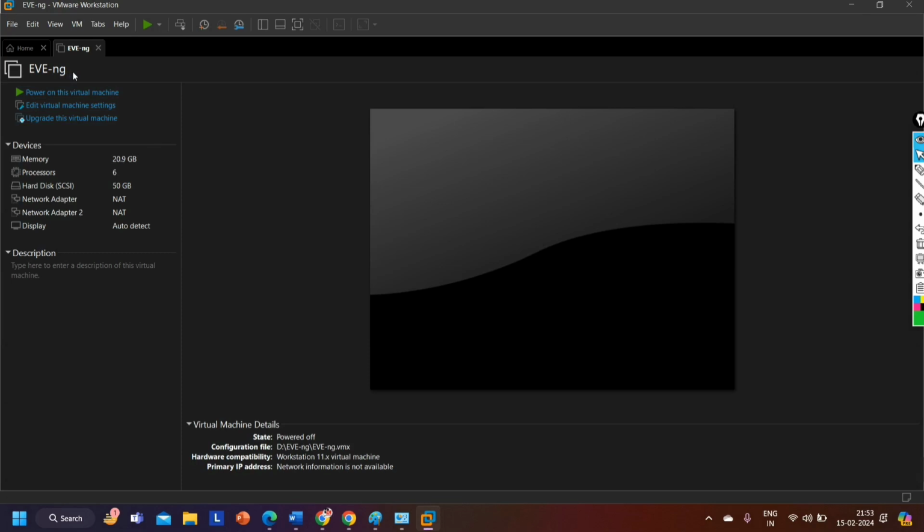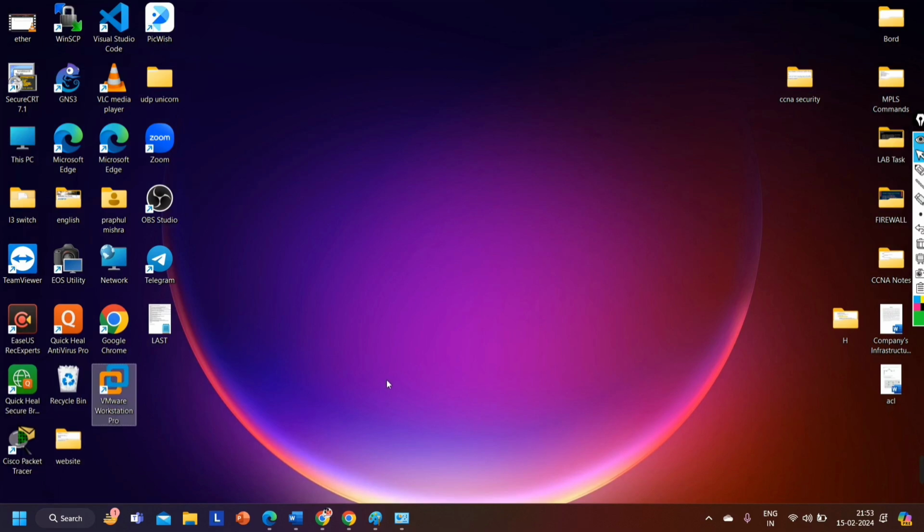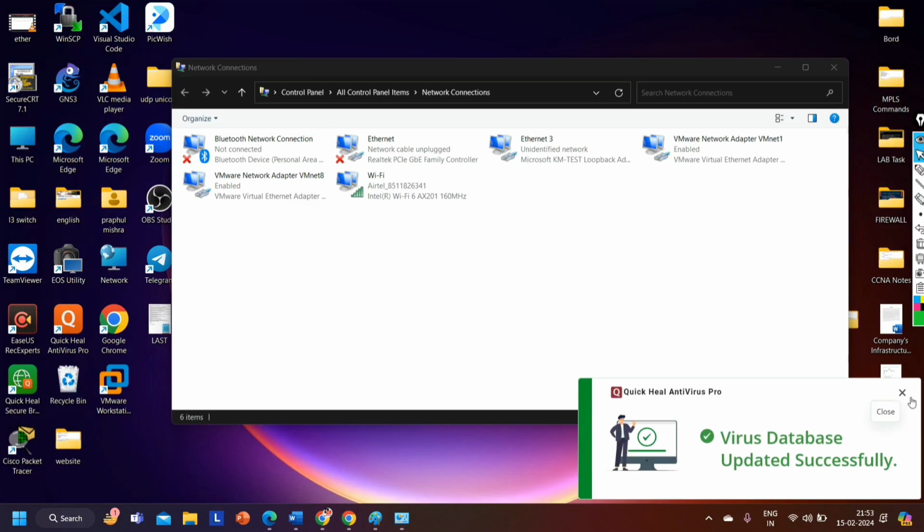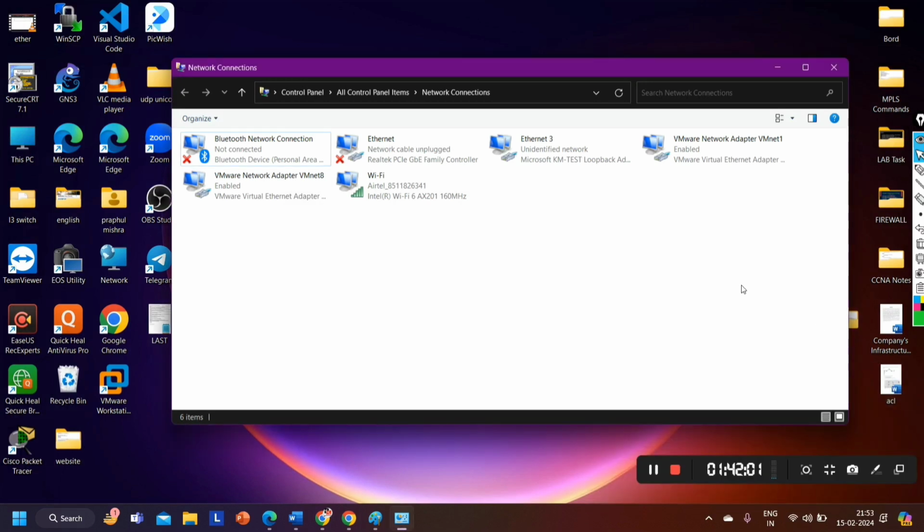EVNG is also one kind of operating system. I am running EVNG as well as Windows both on a single hardware, with the help of virtualization. That's why we have multiple NICs here. A few are virtual NICs, a few are physical NICs. Getting my point? Clear?